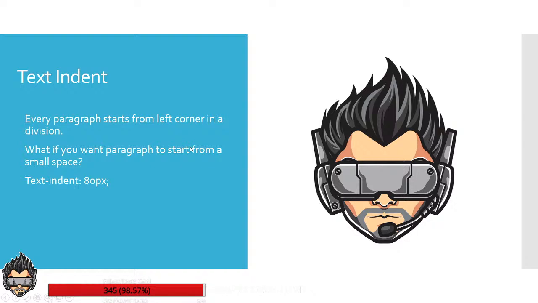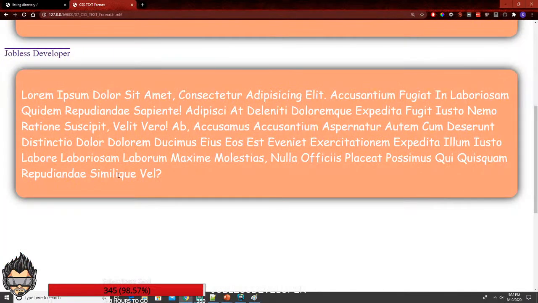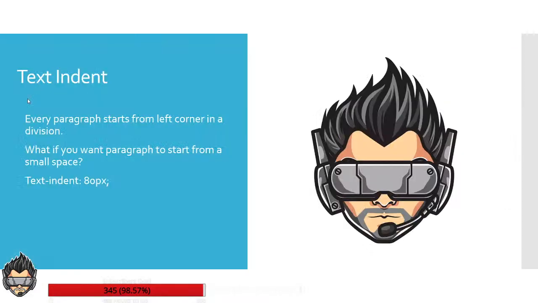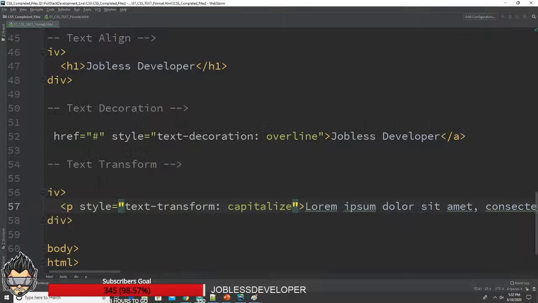The next concept is called text indent. If you look at a few textbooks or novels, you can see that the text starts a bit to the right. There'll be a gap on the left of this text. That's called text indent. If you want that to happen, let's copy this one.